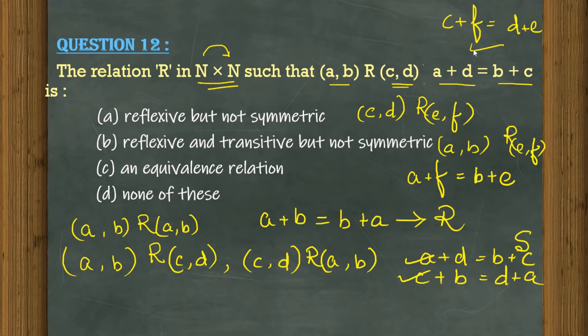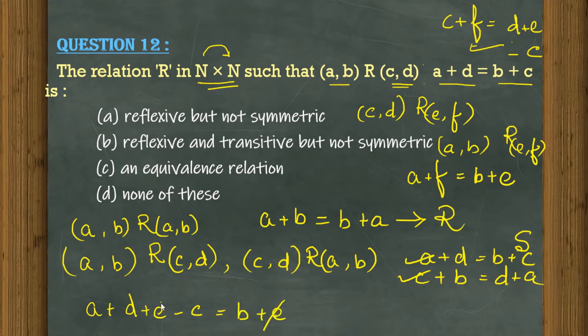So in case of f, we can replace it with d plus e minus c. So here we can write a plus d plus e minus c equals b plus e.